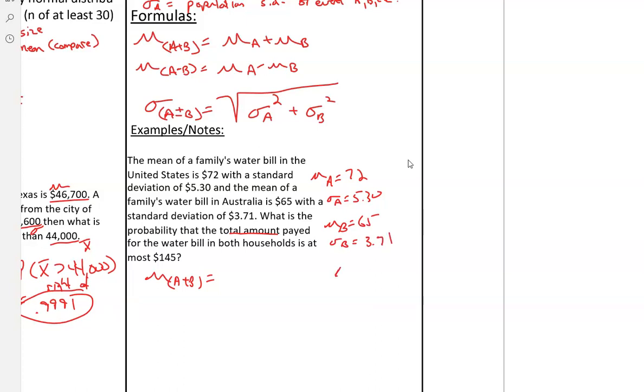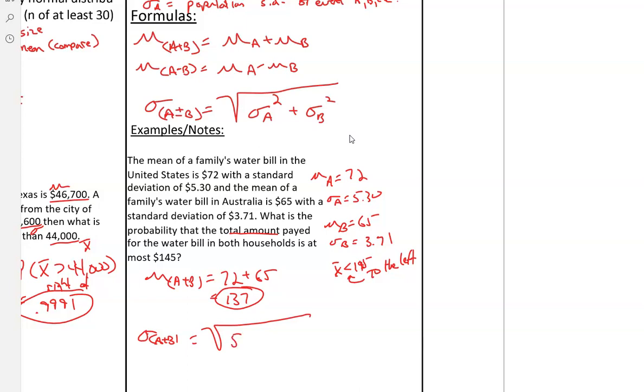And we need X to be at most 145, which means less than 145, to the left of 145 for the X. So mu A plus B is going to be 72 plus 65, and that is 137 is the mu.